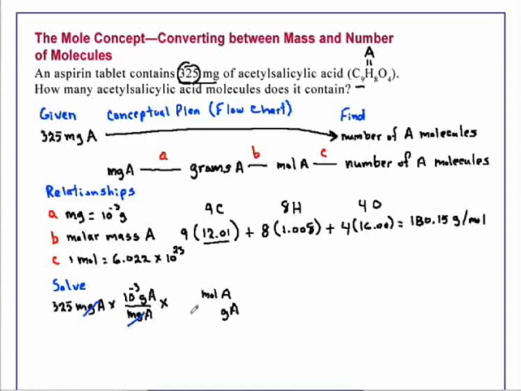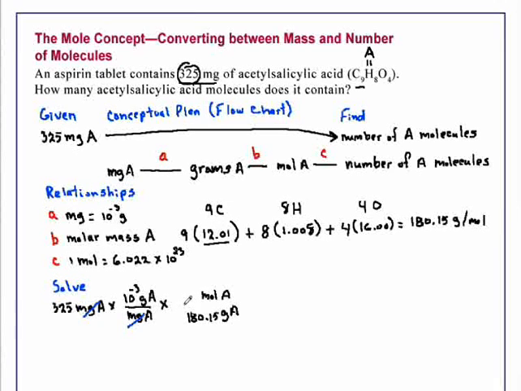So that's 180.15 grams of A are in 1 mole of A. So grams of A cancel grams of A, and we've now gone from grams of A to moles of A.